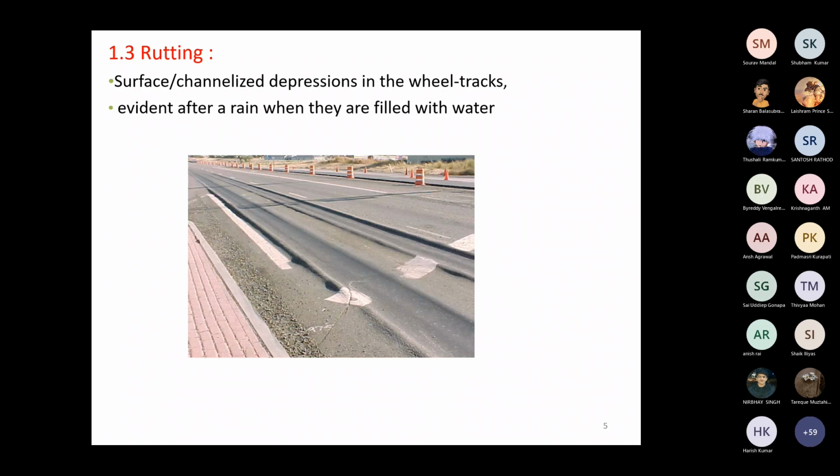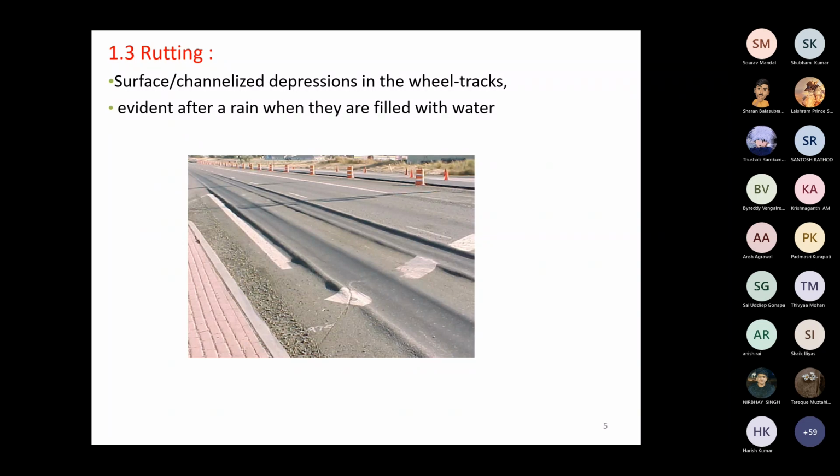That's called rutting, and it will be very evident during the rainy season, when the rut is filled by water. Rutting can be caused by insufficient compaction of the top layer or insufficient stability of the layers.